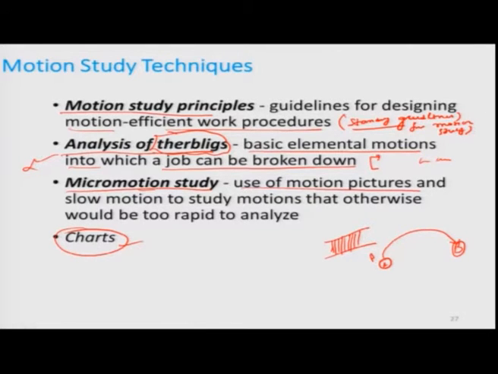Whatever path you are following to reach from this product to that point B, that image path is recorded in a camera, and multiple continuous pictures are recorded, and after that each picture is analyzed to see what is the actual time required to transport this part from point A to point B. And charts are also available for a motion study.